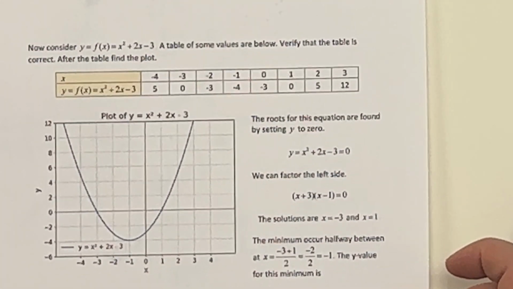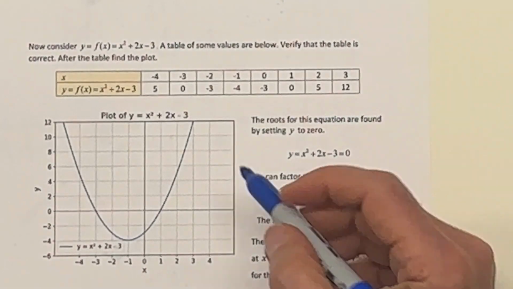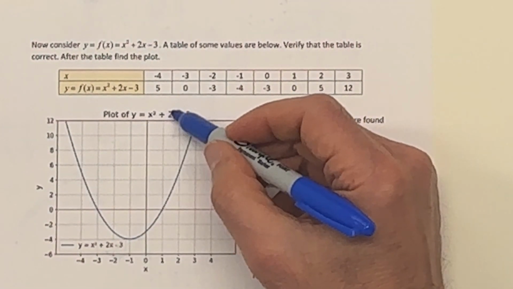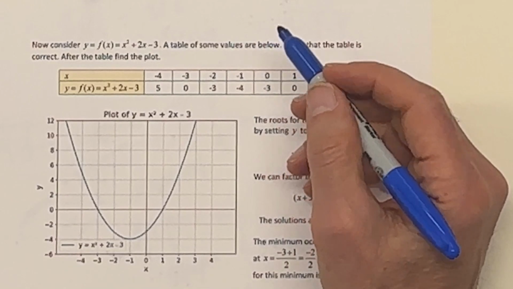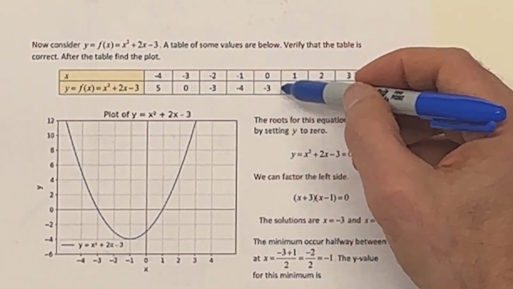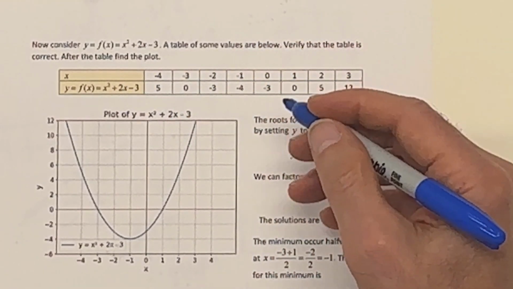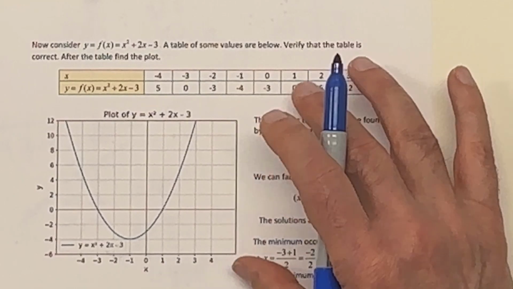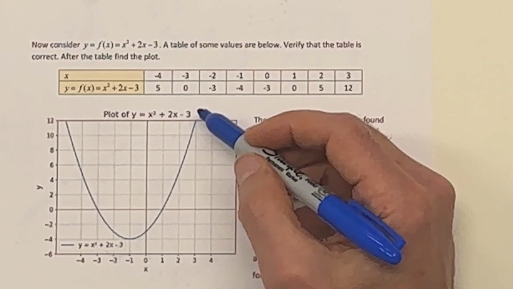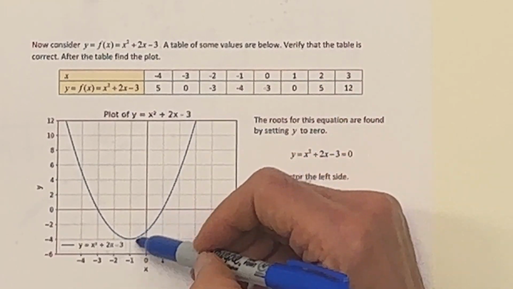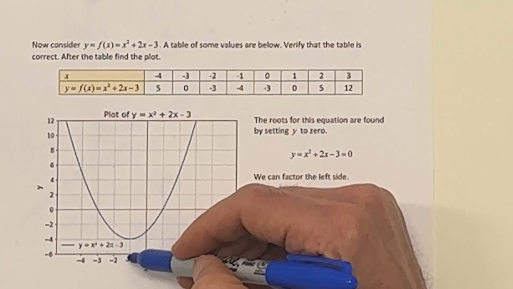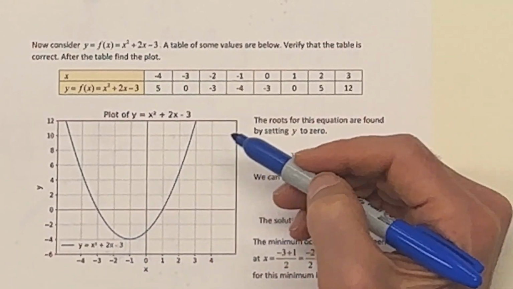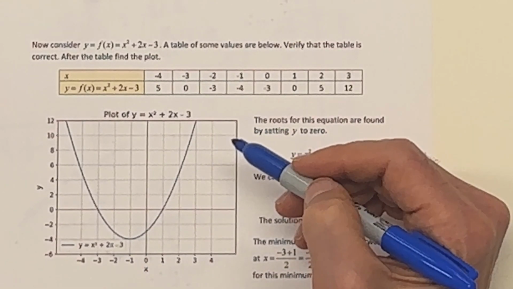Now in my text I have a more complicated one where I have x squared plus 2x minus 3. And I worked out some of the values for you in the text. And I encourage you to look at the text and study this. And this one here, when you plot it, is somewhat lowered, but also shifted to the left.